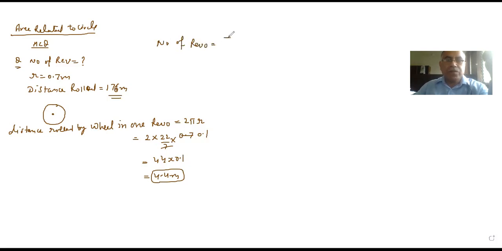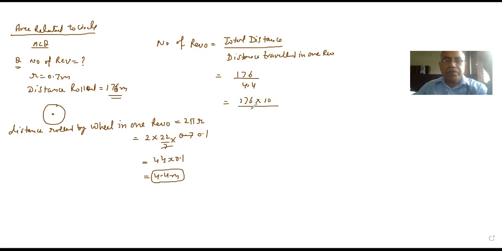This is total distance traveled divided by distance traveled in one revolution. So which is equal to 176 upon 4.4. So you can solve it to get the number of revolutions. Forty revolutions are the answer.